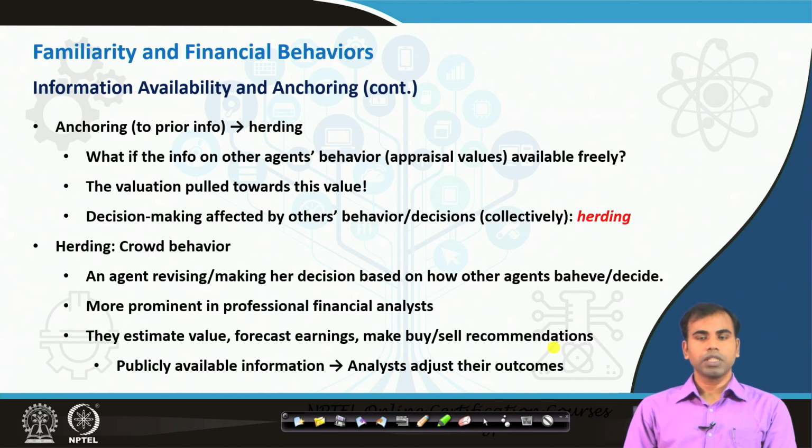Most of the time this herd behavior is evident as a function of publicly available information, where analysts adjust their forecasts or their opinions based on information that is easily available.